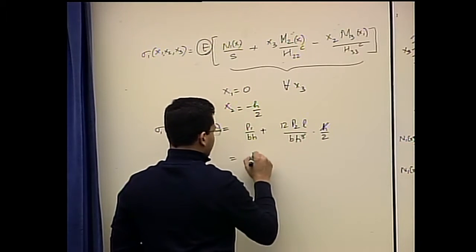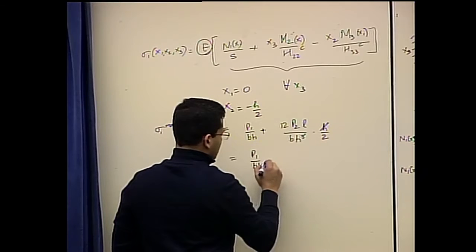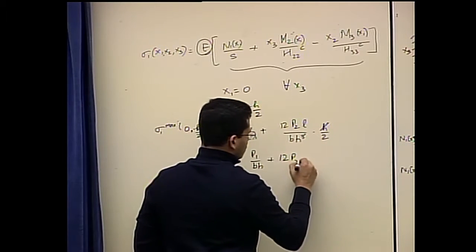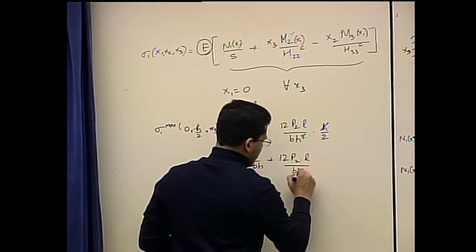So this goes away, P1 over BH plus 12 P2 L over BH square.